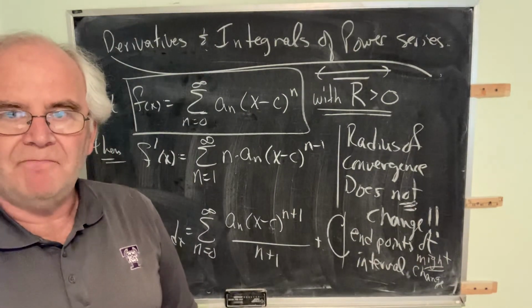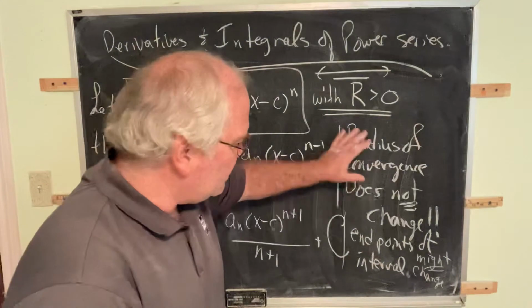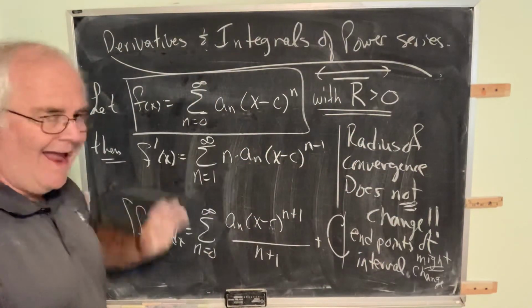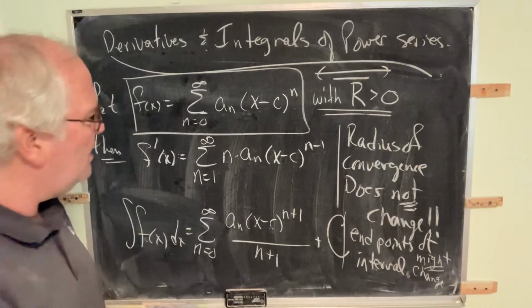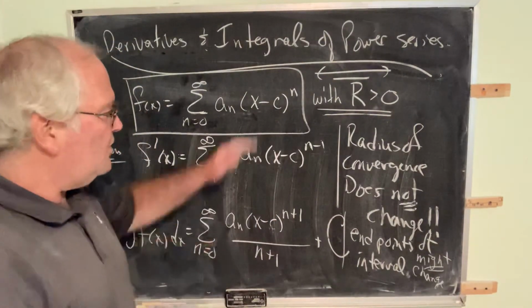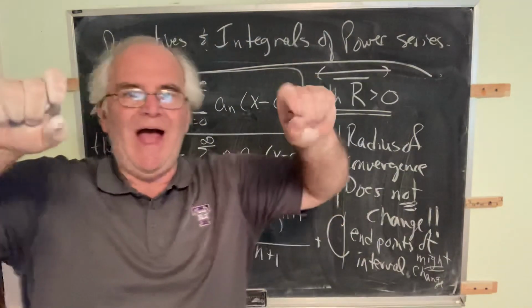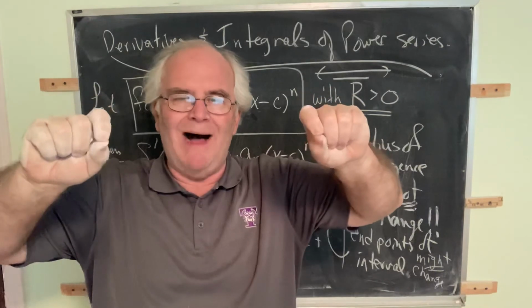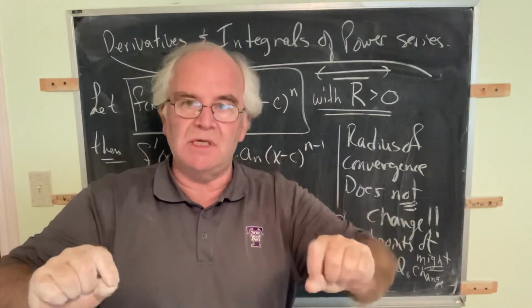So if it's a finite length interval, you can find the antiderivative and the derivative, but the endpoints might change. What is always the case is this: you lose things when you take the derivative. If you have endpoints on the original function, when you take the derivative, you might or might not lose some of them.